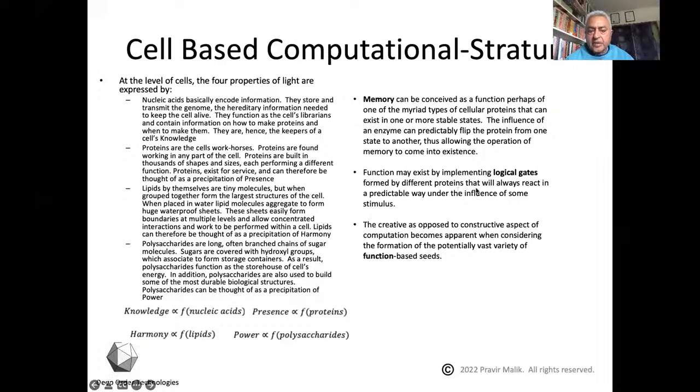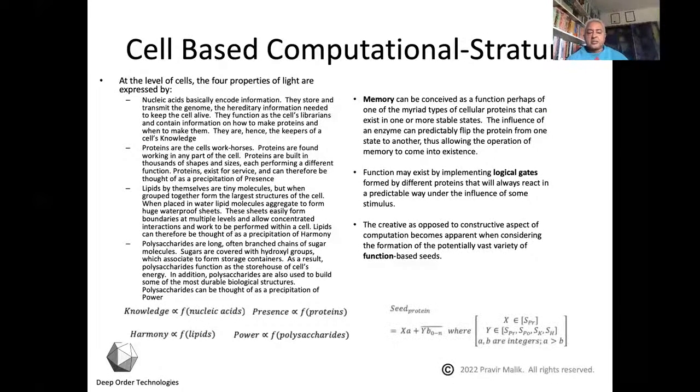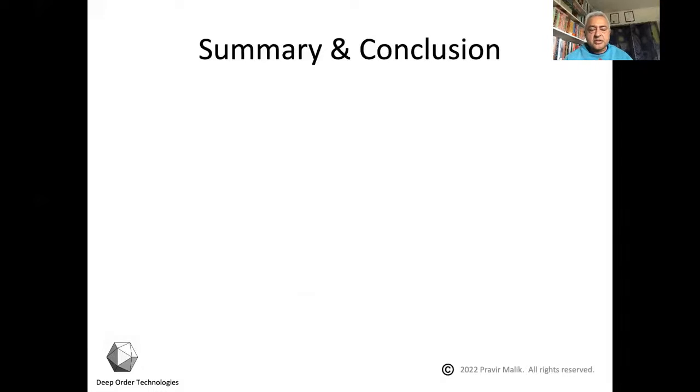We have the basis of logical gates, again, due to the action of proteins that can react in a predictable way under the influence of some stimulus. And just taking the category of proteins, in a human cell, there's over 30,000 different proteins, and therefore there's large functionality that exists there. So again, we have stable strata becoming computational strata.